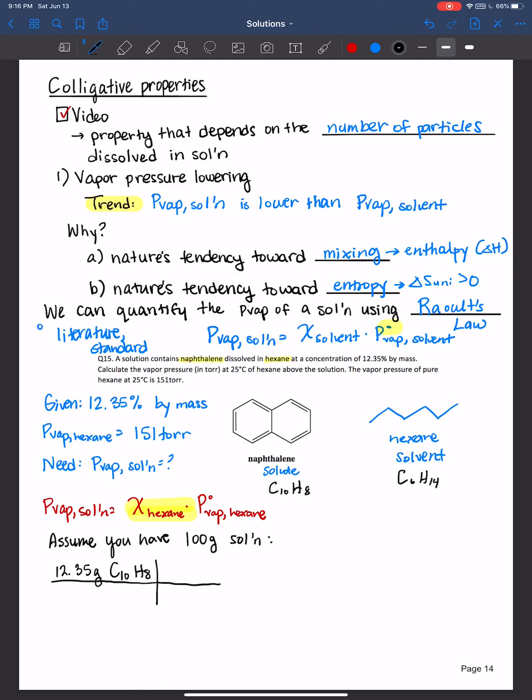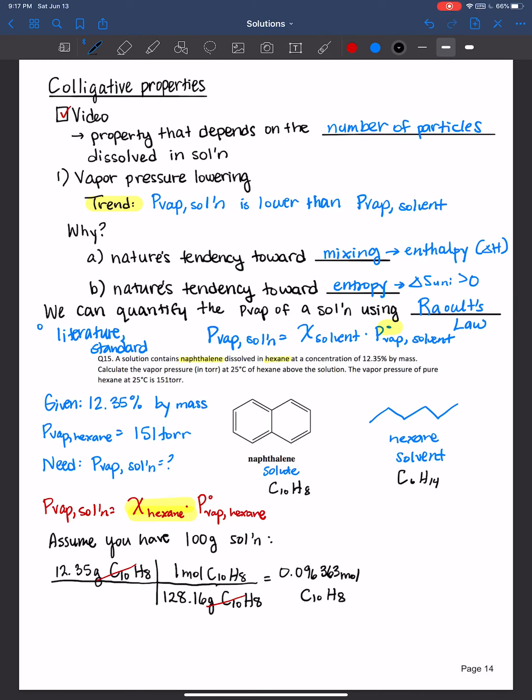It has a molar mass of 128.16 grams per mole, and therefore we have 0.096363 moles of naphthalene, which is our solute.